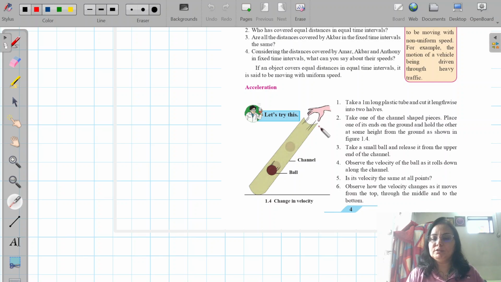Initially its velocity was 0. When we released it, we saw its velocity increase towards the end, and when it reaches the ground, the velocity becomes 0. So this change in velocity with time is called acceleration.